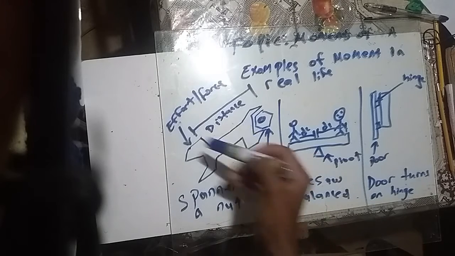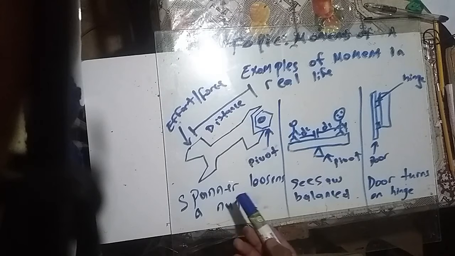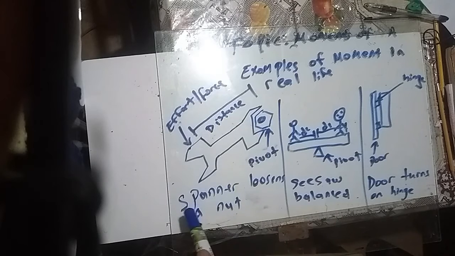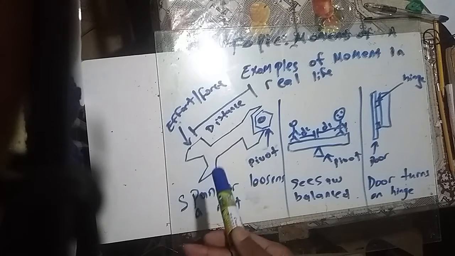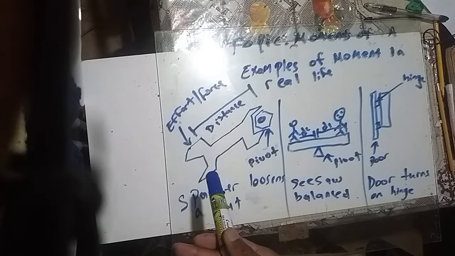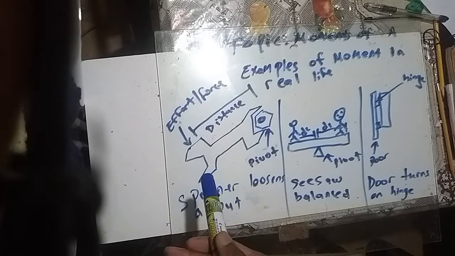Alright, so the first example is that we're going to look at a spanner that loosens a nut. All of you must have seen a spanner in real life, or a pliers. I'm sure none of you has seen a nut on your bicycle or on a car wheel and ever dared to try to unscrew it with your finger.